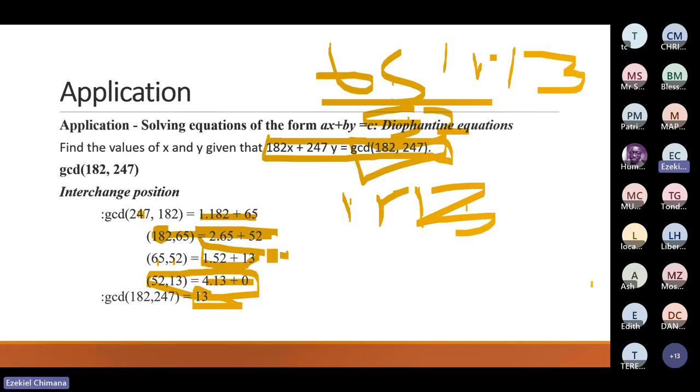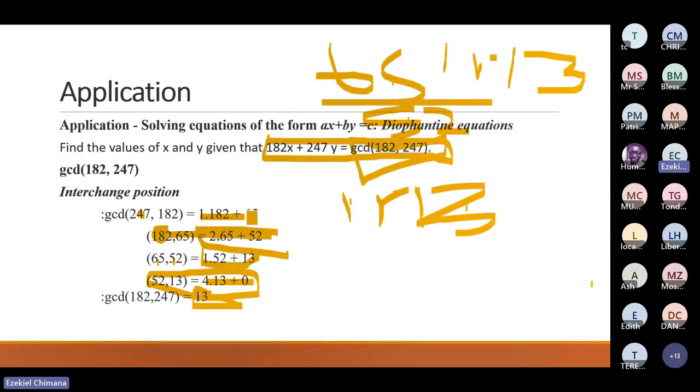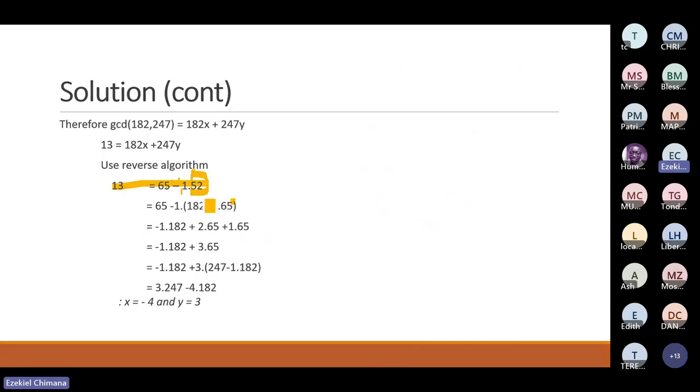So what you have to do now is just to come on this step. You want to replace this 52 with what we have on this step. So you replace it with 182 minus 2 times 65. That's what we have done here. We have just replaced that 52.